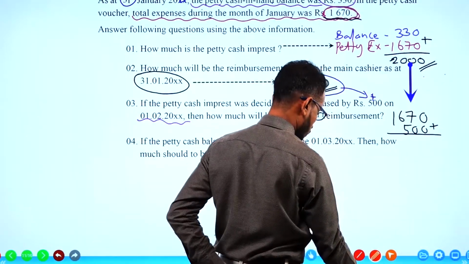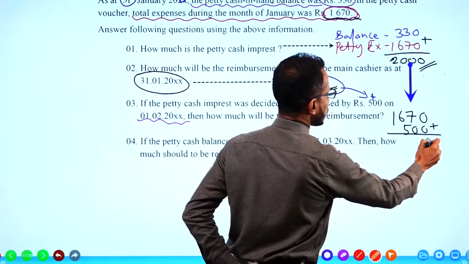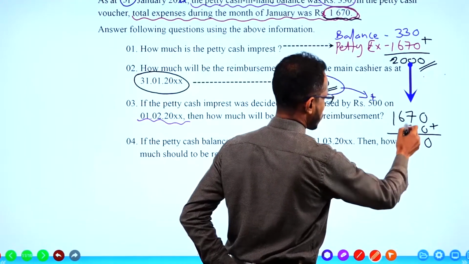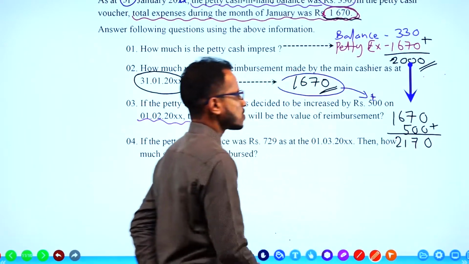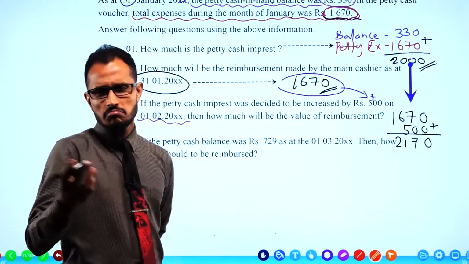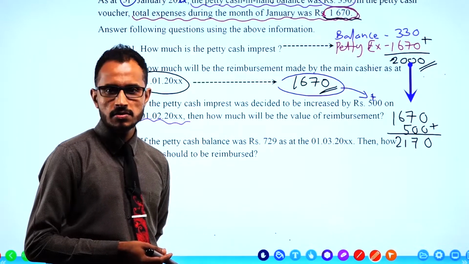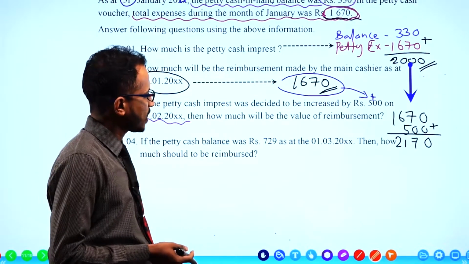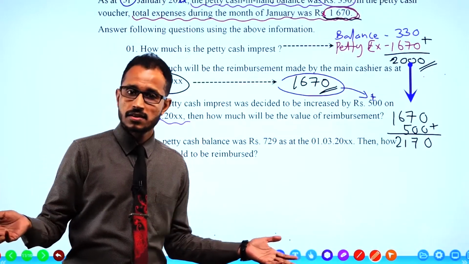What is the answer? 2170. But the imprest amount did not become 2500. It becomes 2170. So it's wrong, right?